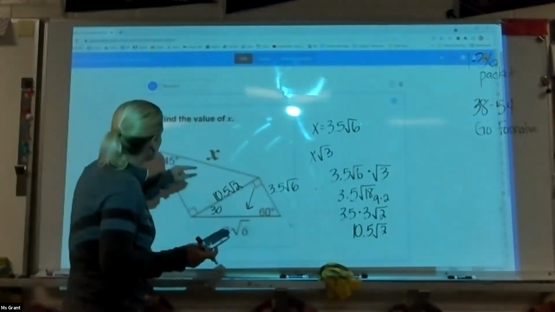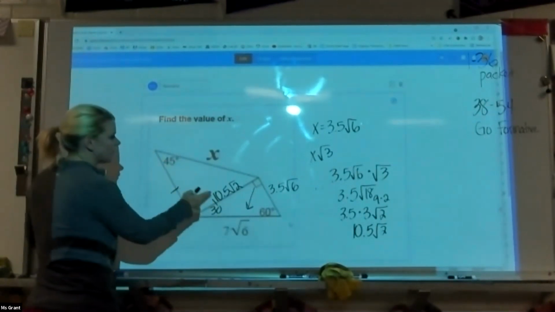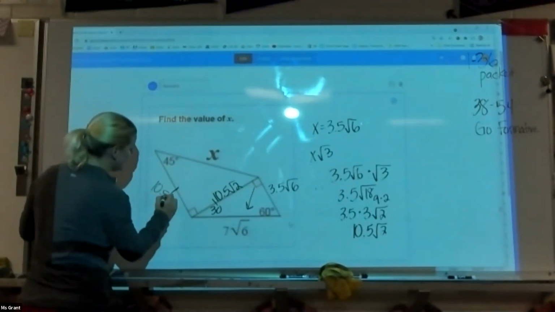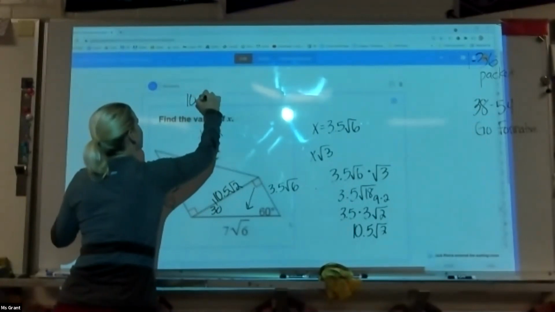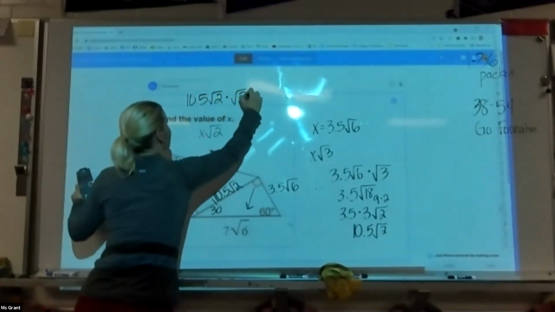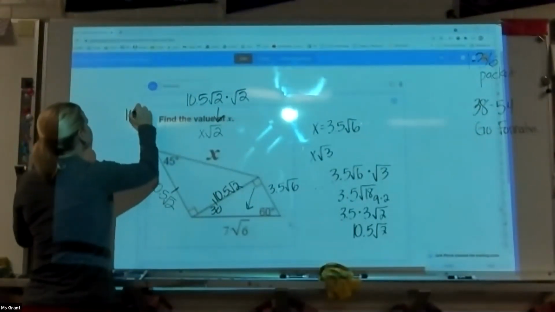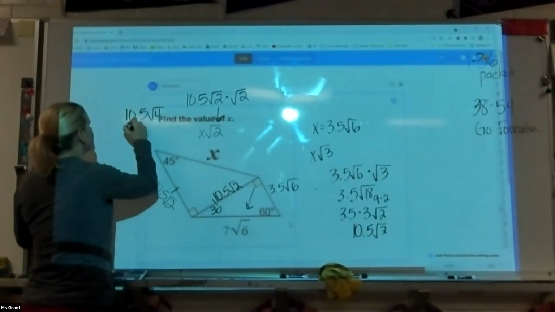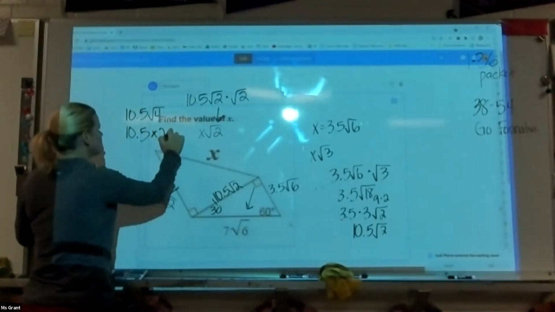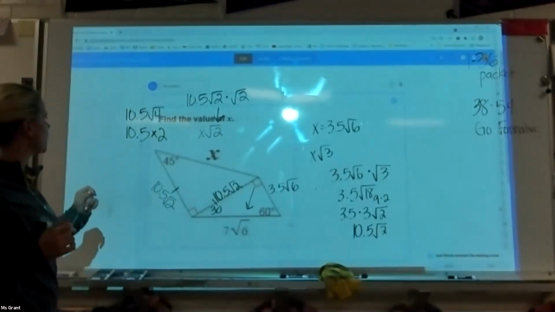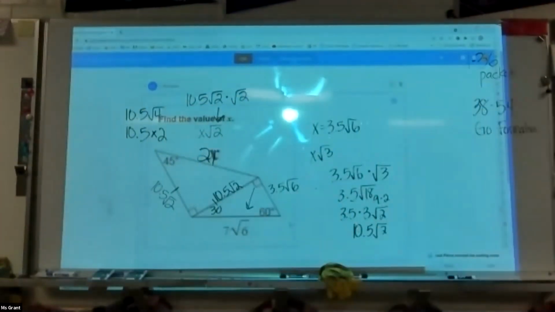My 60 degrees, which means it's also opposite the 45 degrees. Since this is an isosceles triangle, 45, 45, 90, this is also 10.5 rad 2. And this is x rad 2, which means 10.5 rad 2 times rad 2. 10.5 rad 4, or 10.5, simplify rad 4, times 2, 21. Okay.